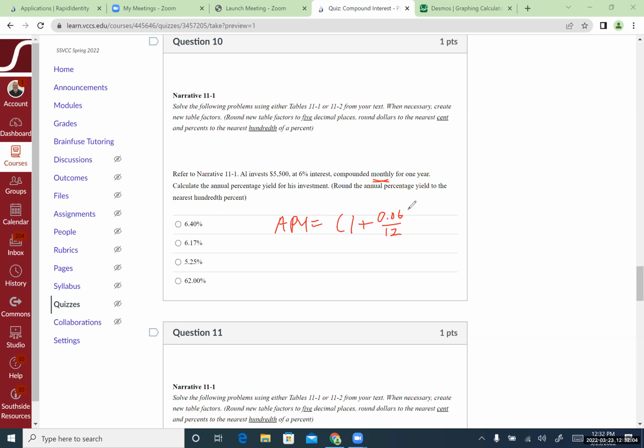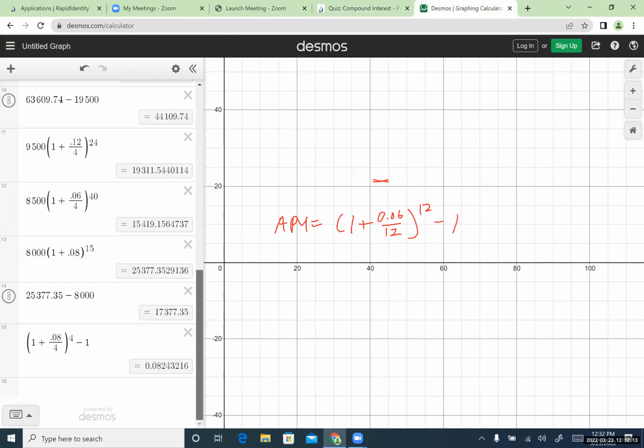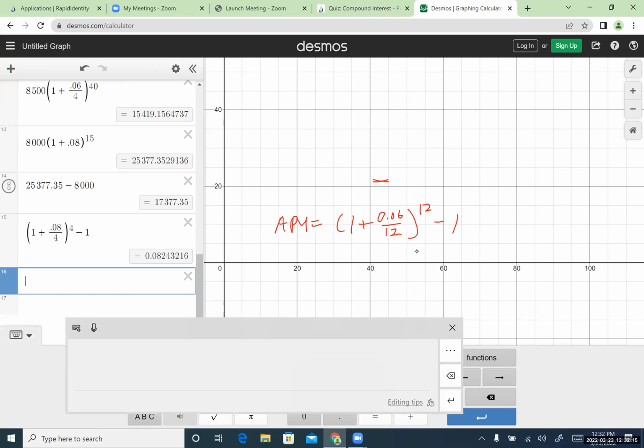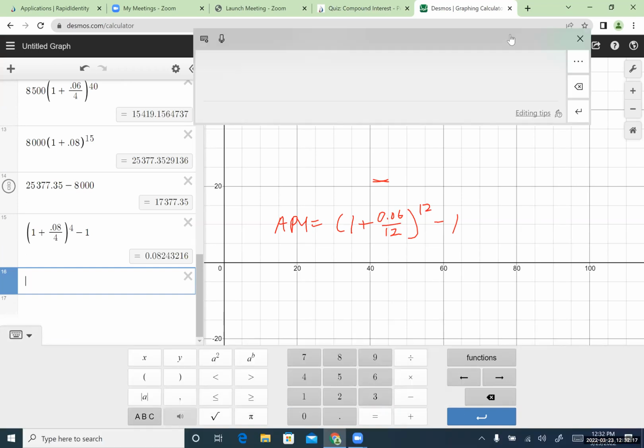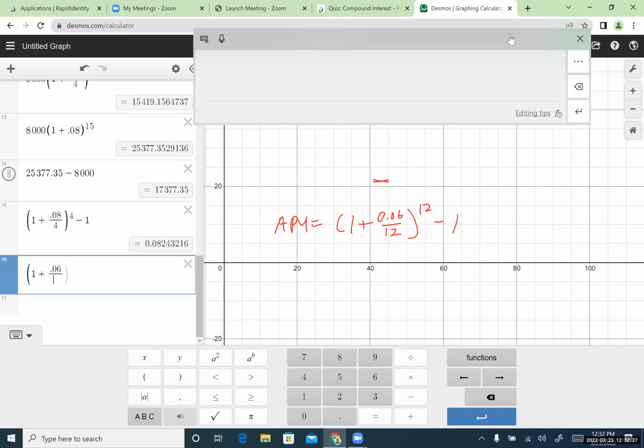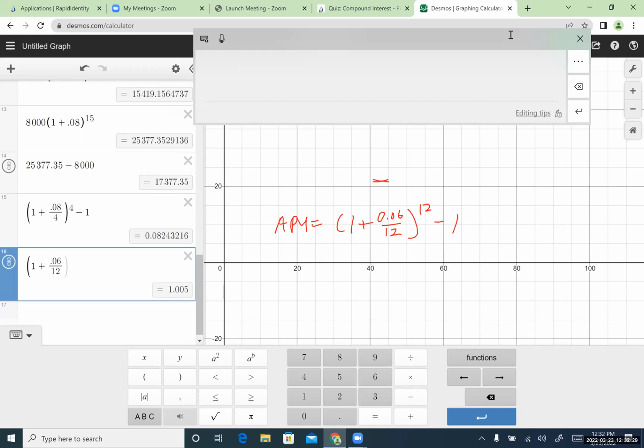So that's 12, raised to the 12th power, and then we subtract 1 from that. 1 plus 0.06 divided by the number of periods per year, which is 12, raised to that power, 12.